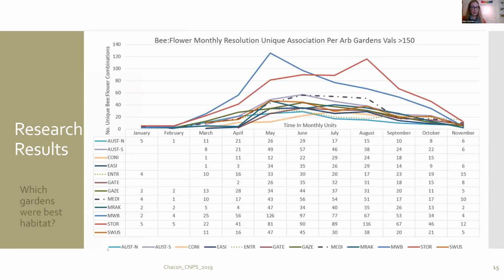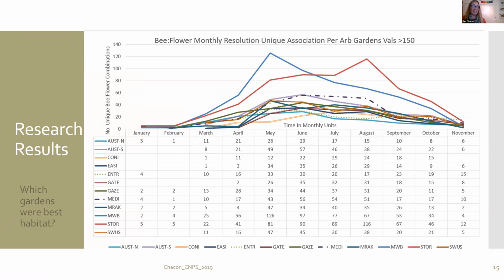And not all gardens were the same. So one of the interesting things about doing my research in the UC Davis Arboretum is that the gardens are themed. There's actually, I think it's 34 themed gardens within the one arboretum, and they're all mapped. I had a lab mate who got to do that project. They're all mapped, GIS and everything.